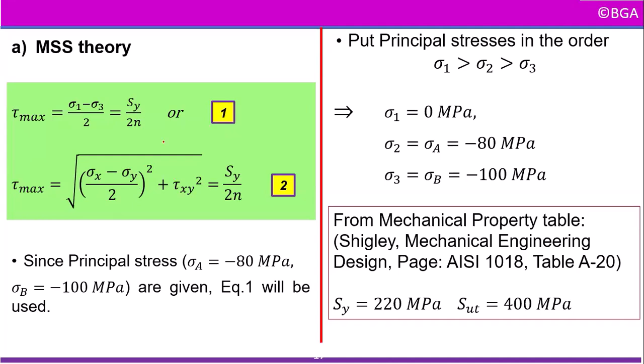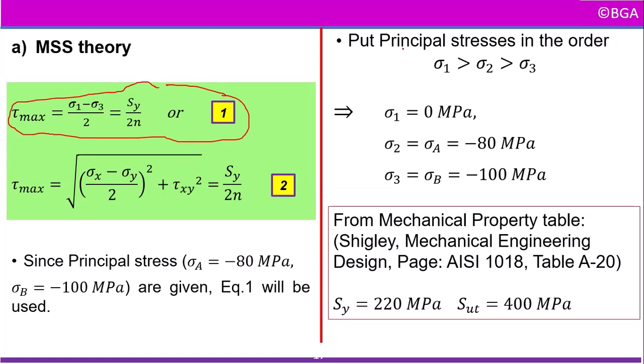In this problem, we are given principal stresses: sigma A equal to negative 80 megapascal and sigma B equal to negative 100 megapascal, which are all compressive. Because the given stresses are principal stresses, equation 1 is suitable for solving this problem.